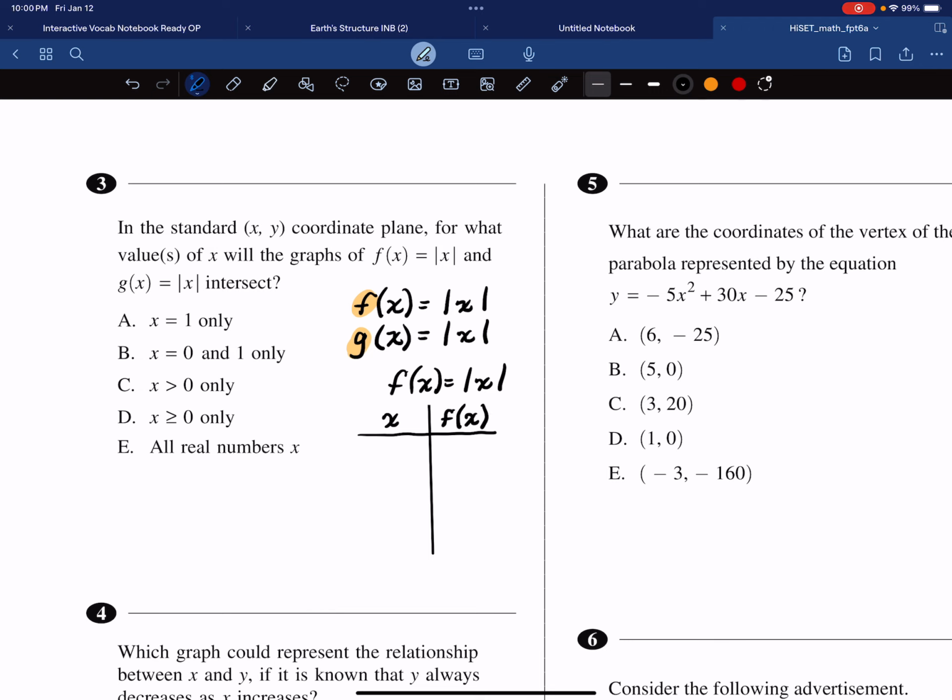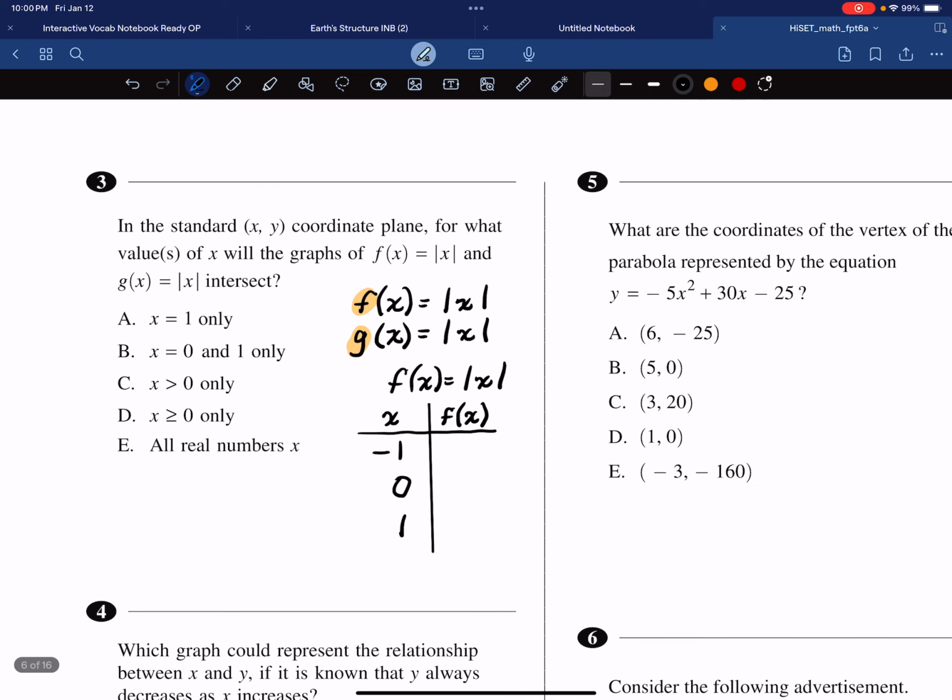And I always like to try some positive and negative values. So I'm just going to pick a -1, a 0, and a 1. And let me go ahead and put another one in here. Let's just do a +2.